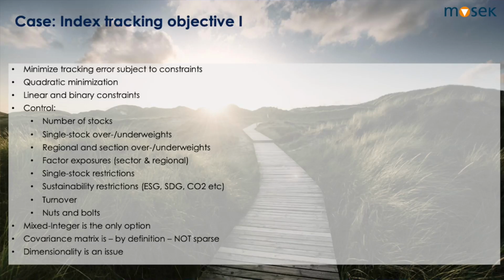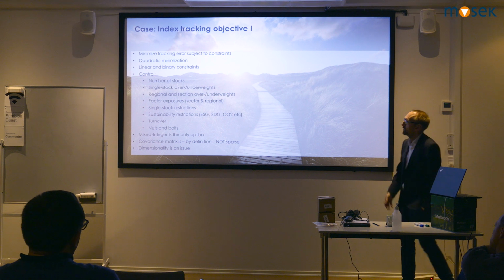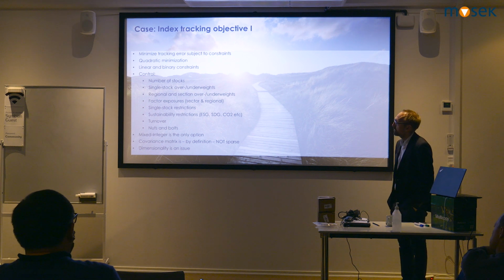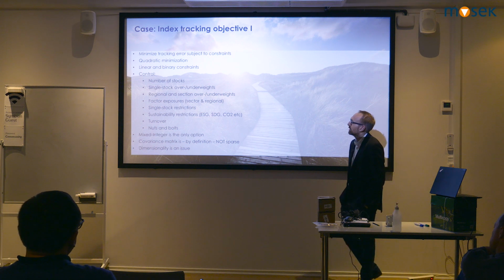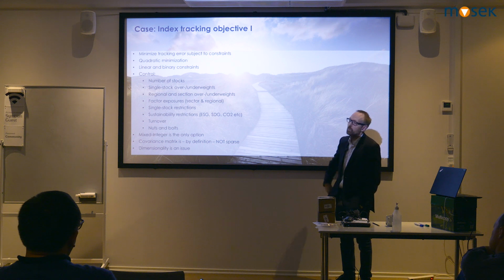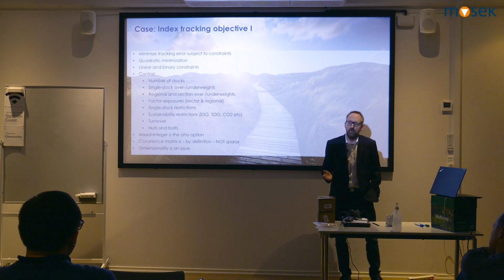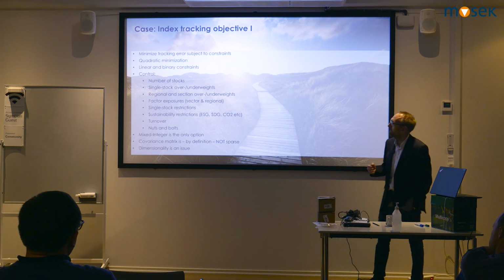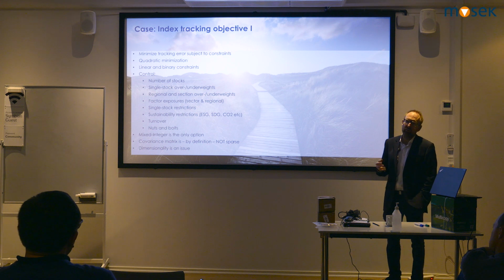Let me talk a little bit about index tracking. As I said, this is the other type of portfolio optimization that we do, and here the overall goal is to track a given index as closely as possible without creating too much turnover, and usually with some additional constraints compared to the index.